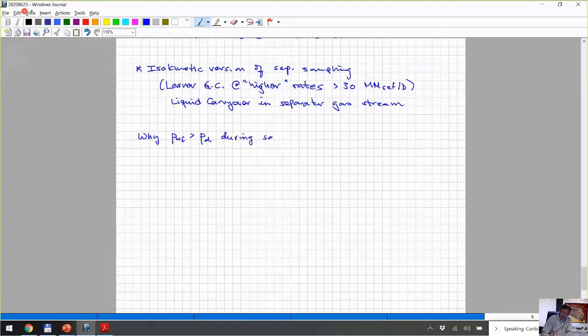That's pretty clear. Because the producing oil gas ratio, CGR, can vary with drawdown below the dew point.